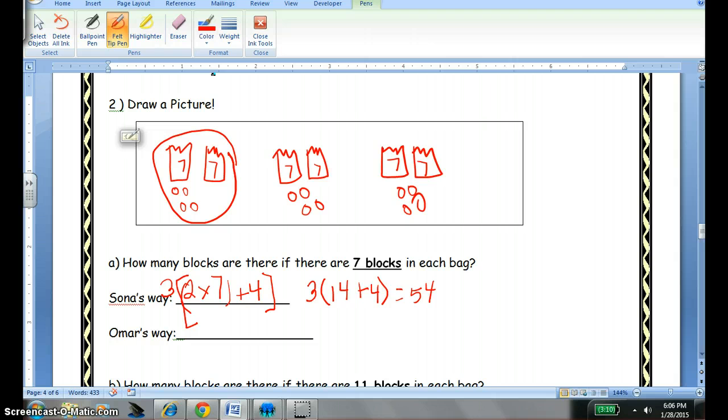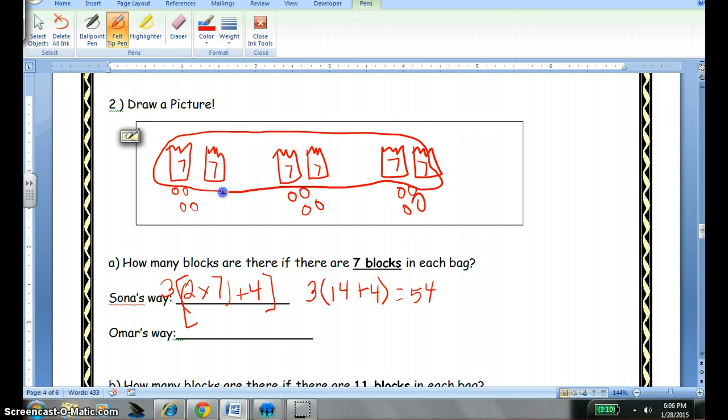Now, if I'm going to do Omar's way, try and erase this. Here's how Omar would do it. He's going to first count up all of these. So he knows that there are 1, 2, 3, 4, 5, 6 bags.